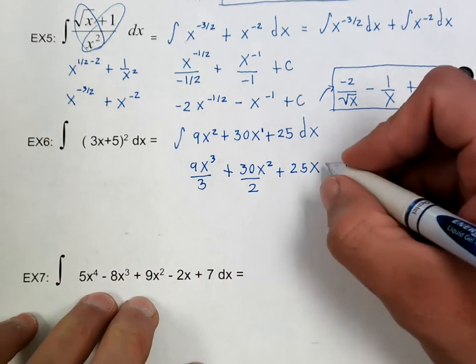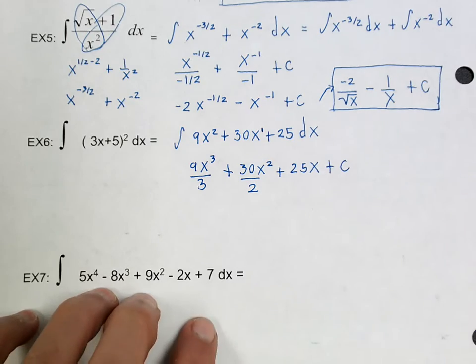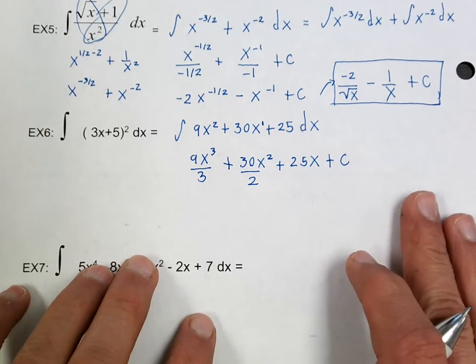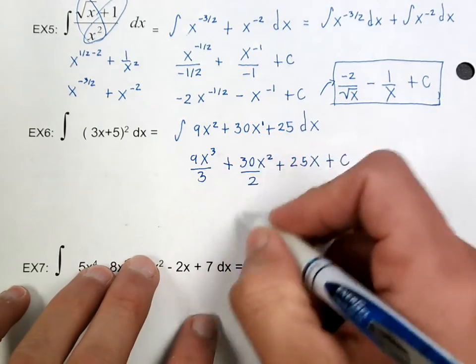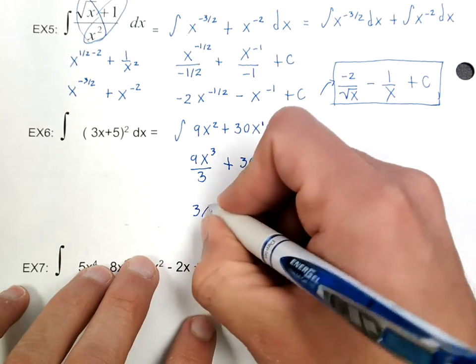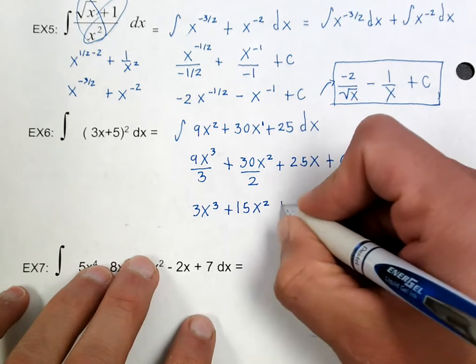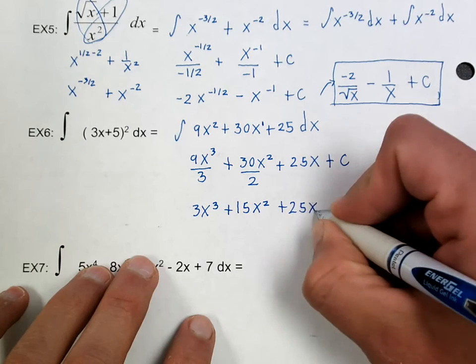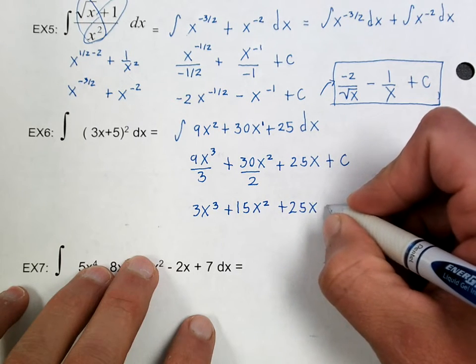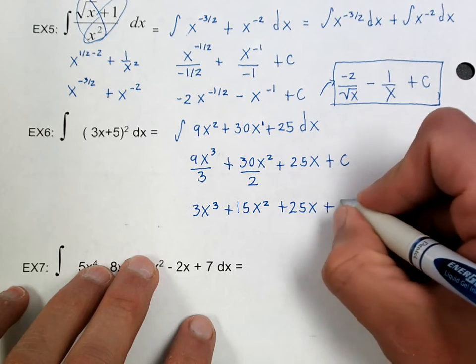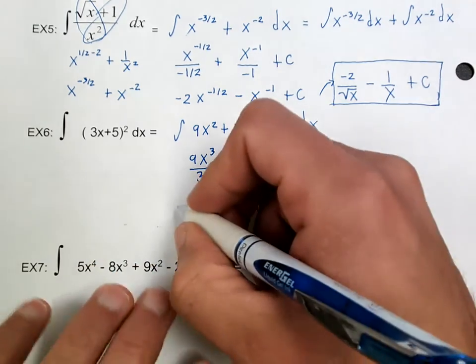And finally, plus some constant. You have to write that constant. Just to simplify this further, let's divide. So I have 3x cubed plus 15x squared plus 25x plus c. There's nothing else.